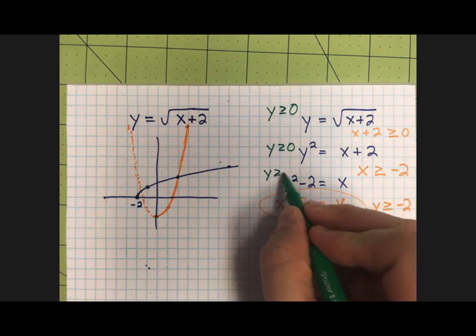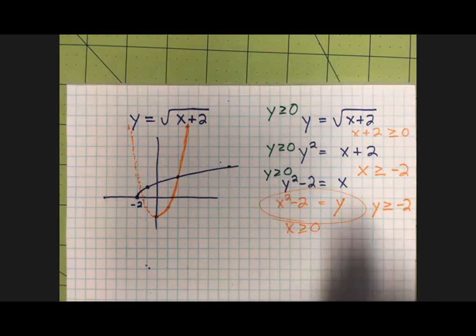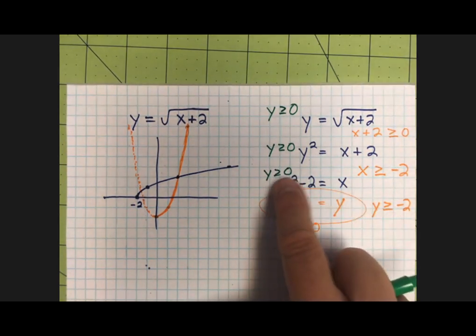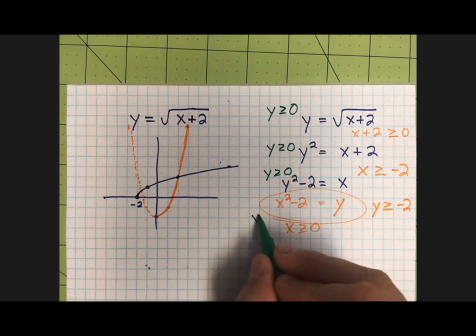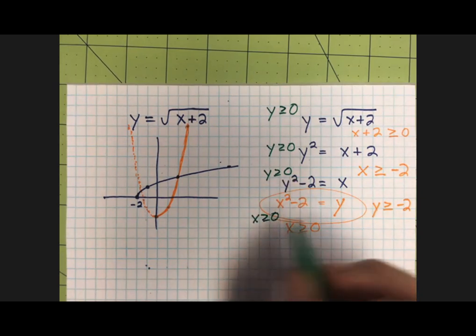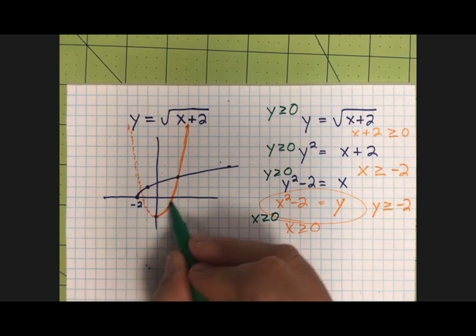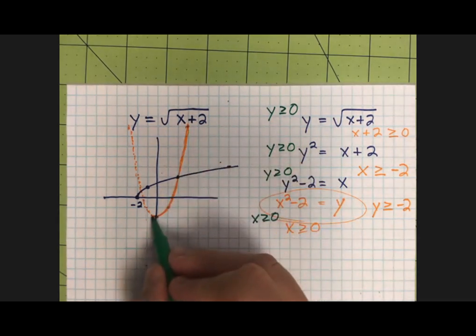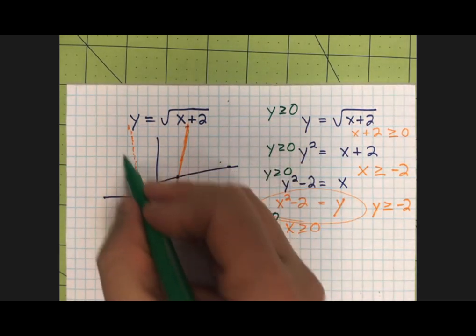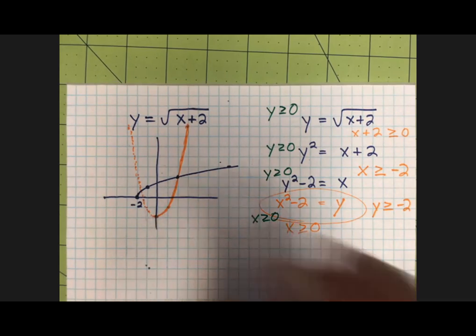So when I get down to the bottom and I switch the x's and y's, instead of y being greater than or equal to 0, I have to choose x greater than or equal to 0. I have to choose the right-hand side only, or I don't get a perfect mirror image.